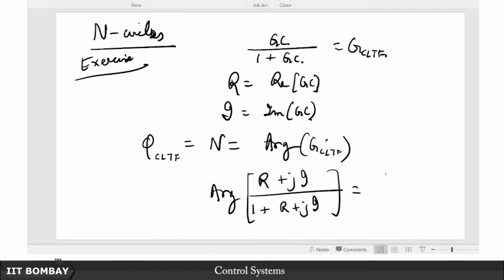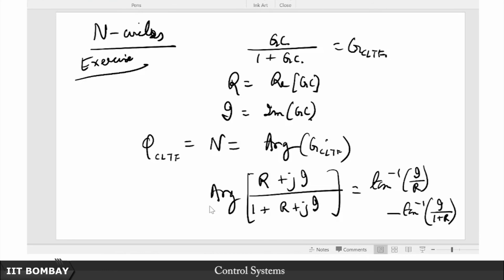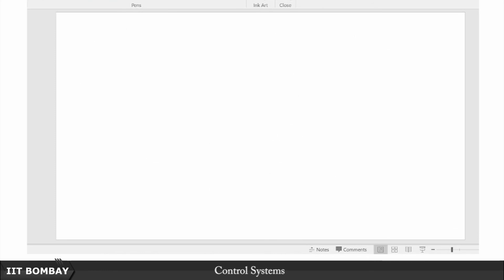Now I am in a position to write tan inverse. So this is basically tan inverse I by R, that is the phase of the numerator, minus tan inverse I by 1 plus R. Let me lead you on to this and then you might simplify and see that it is indeed going to turn out to be the equation of a circle.